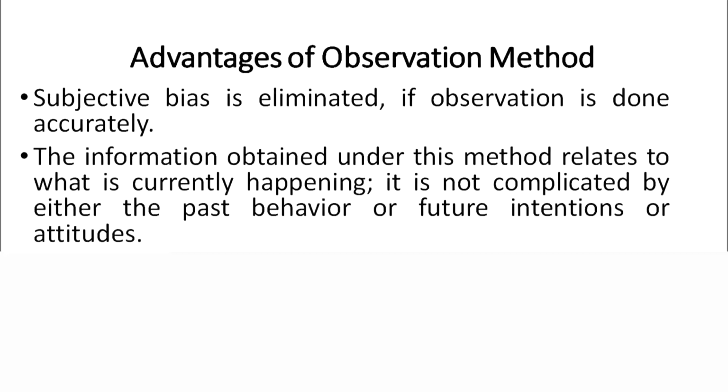It is not complicated by either the past behavior or future intentions or attitudes of people. So, when we observe a particular incident, a particular phenomena, we observe the incident directly as it is. We do not observe it with a backup in the mind or with a bias in the mind which will be affected by the past behavior or the future intentions or attitudes. So, observation mostly, generally you can say, is free from bias.